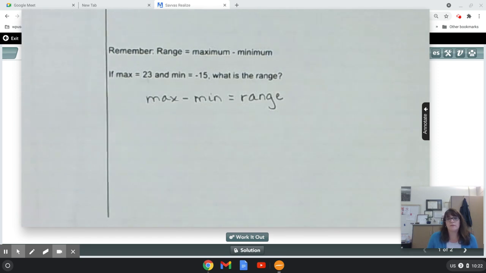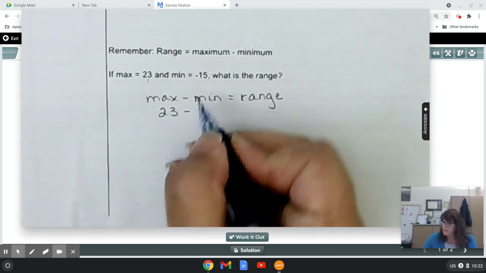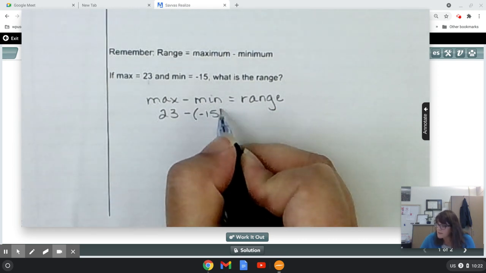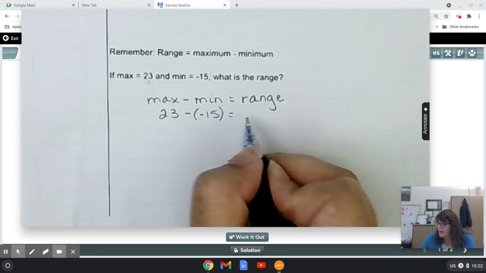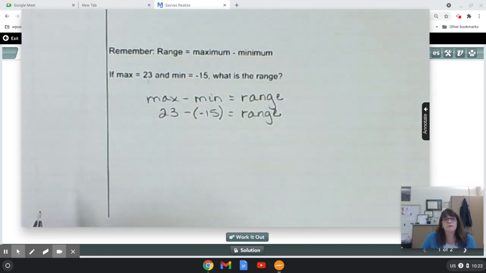Please write that down. Max is 23. Minimum is negative 15. And that's going to give me range.